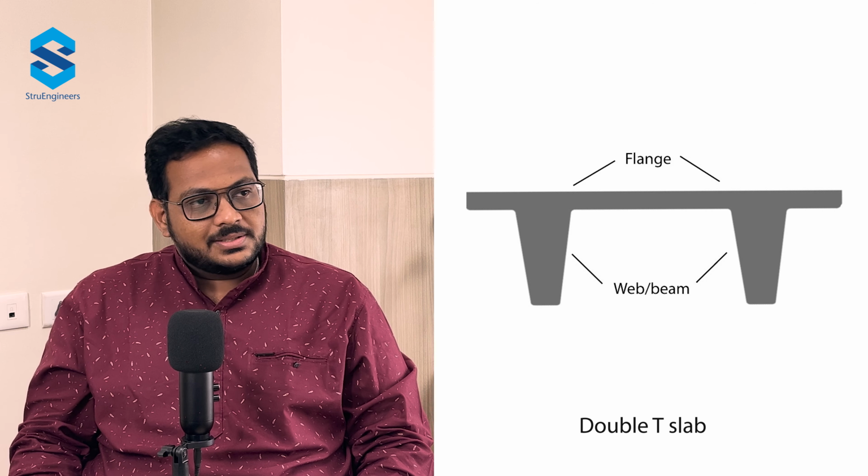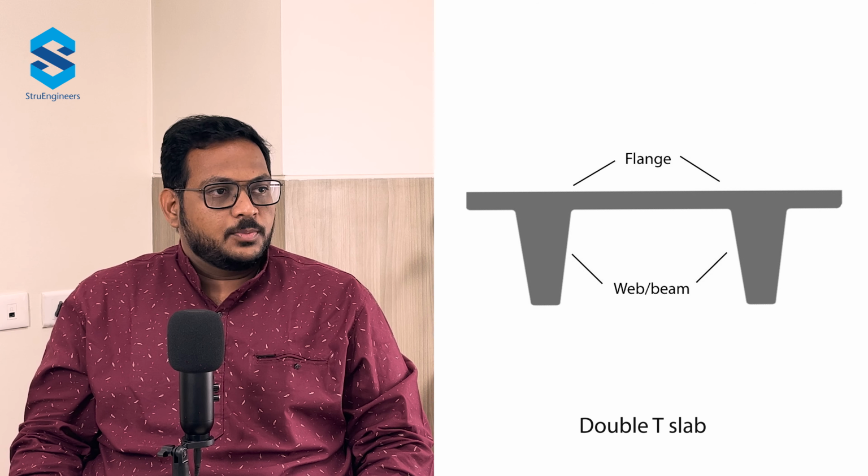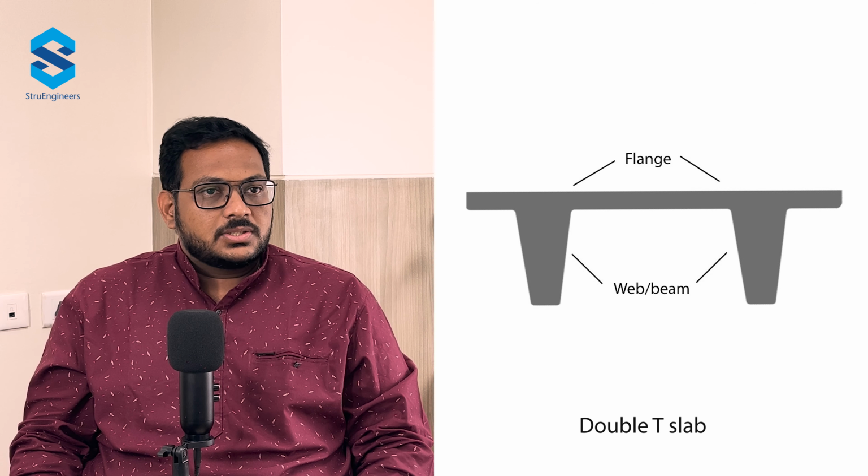And in the T slab there is a web portion and a flange portion. So there are certain design and technical aspects which help both of them. Both pre-stressed slabs have their own pros and cons.